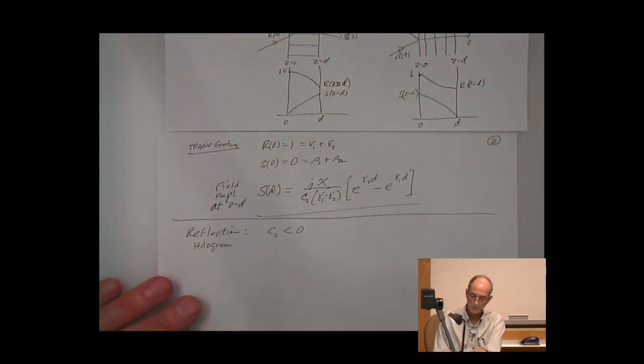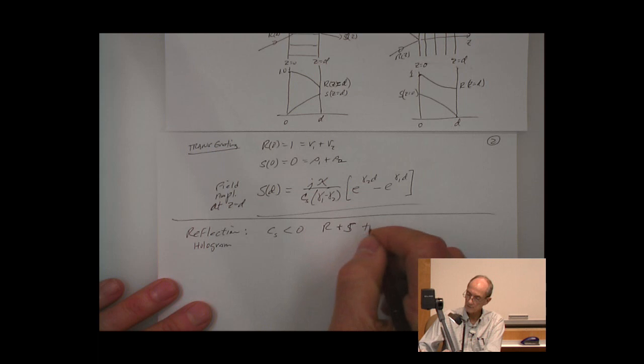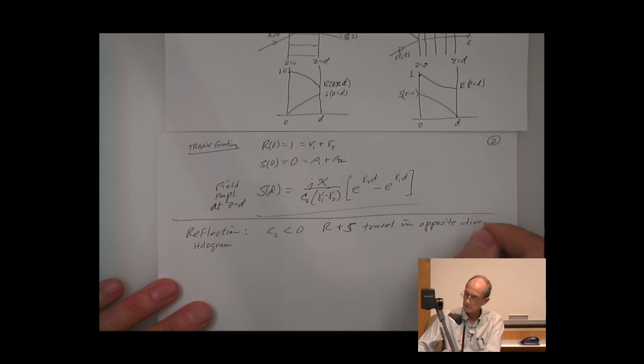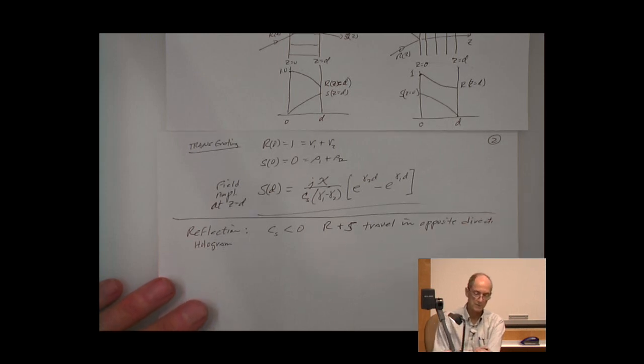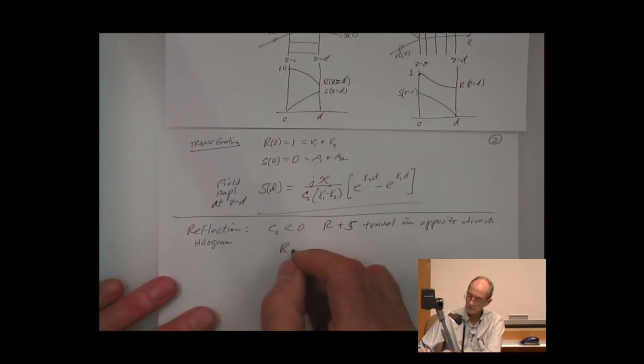All right, and so r and s travel in opposite directions is really what that is telling us, okay? Which is the nature of the reflection hologram. So here we have our boundary conditions: r of 0 equals 1, and s of z equals d equal to 0.